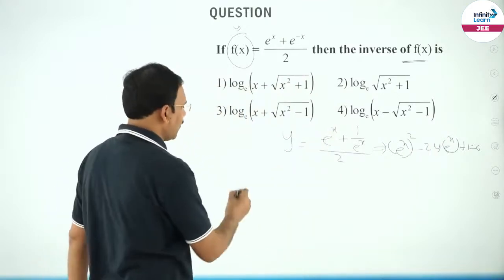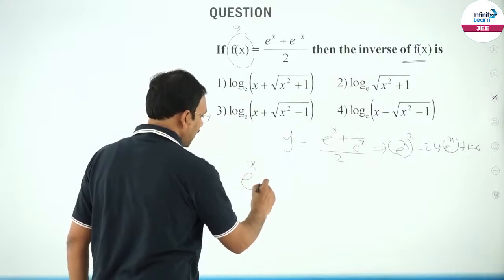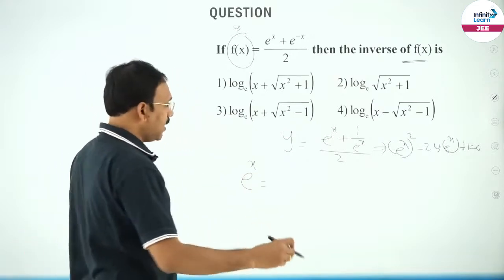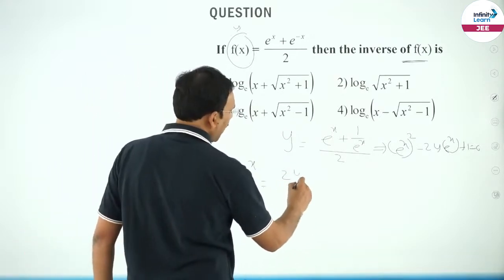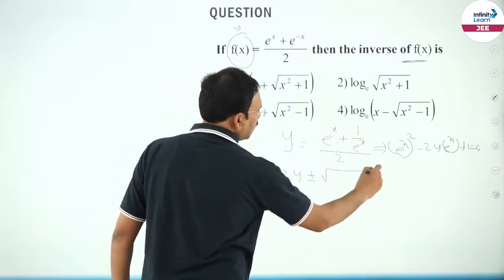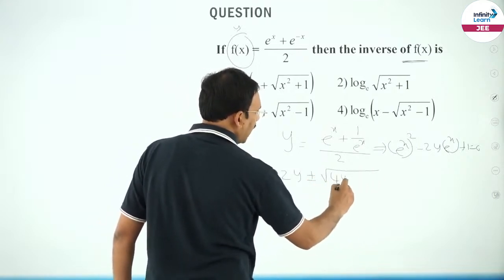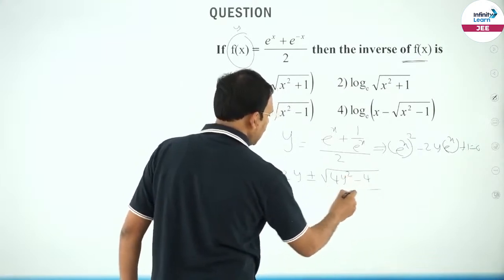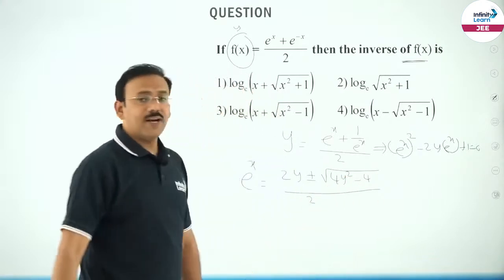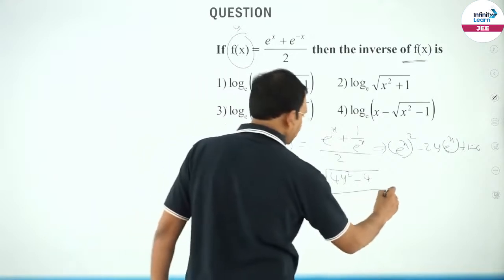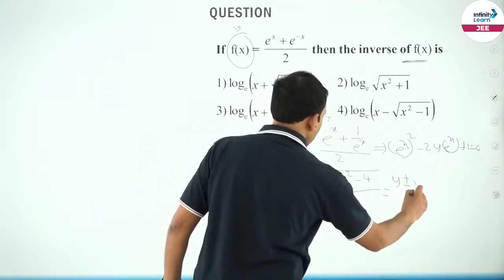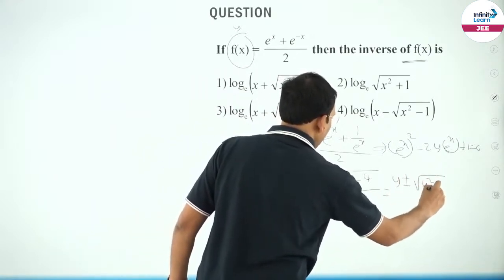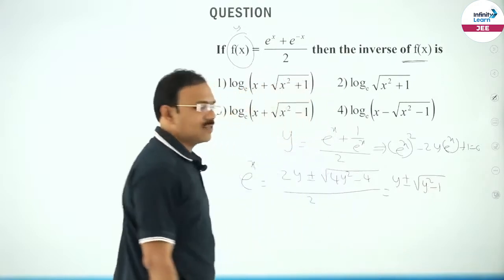You just solve it like a quadratic equation, because you want to write x. e^x is equal to minus b plus or minus root of b square minus 4ac by 2a. Friends, you will get y plus or minus root of y square minus 1, that is all.